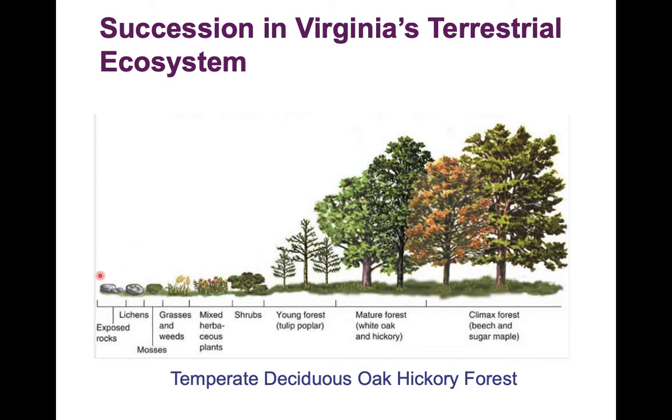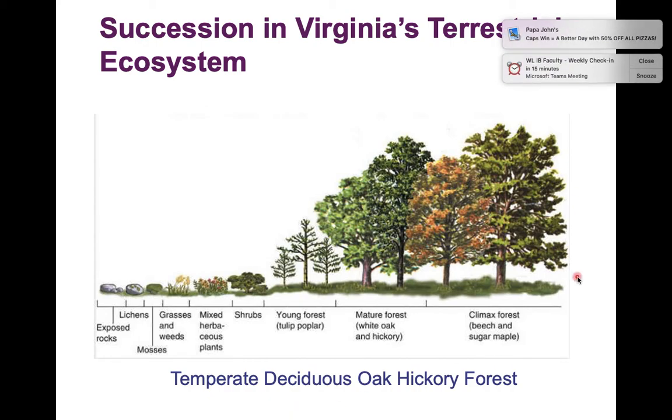We got there through primary succession: exposed rocks, lichens and mosses that grew on the rocks, then grasses and weeds, mixed herbaceous plants, and shrubs, then a young forest, and then a mature forest, including white oak and hickory trees, and eventually your climax forest or community. That's what our temperate deciduous oak forest looks like.